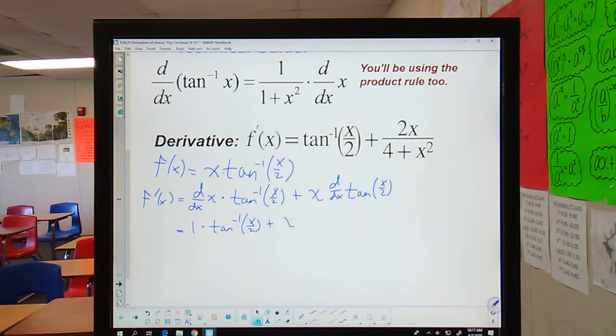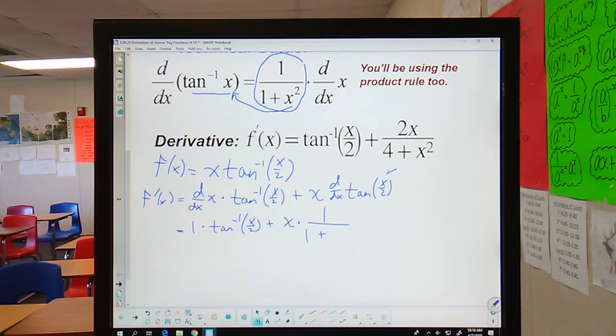Added to x times, now be careful on this, okay? The technical guide is throwing in the chain rule. When you do the inverse tangent derivative of an unknown, this is how it starts out. So it's 1 over 1 plus, and then it says x squared, but that x simply means the unknown.